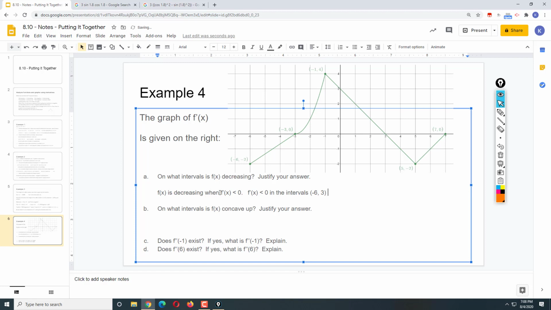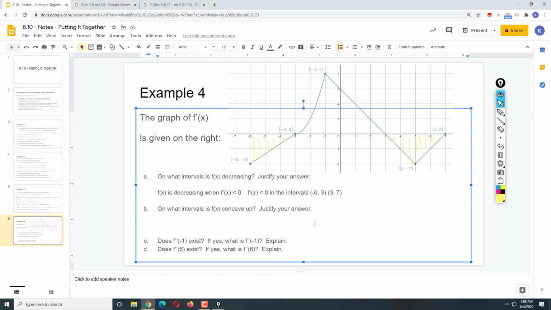Because the function is decreasing, we want our first derivative to be negative. Our first derivative is negative in the intervals -6, -3, and the open interval 3 to 7. That's when our graph is negative. So right here, and also right here. When it's negative, our function is decreasing.